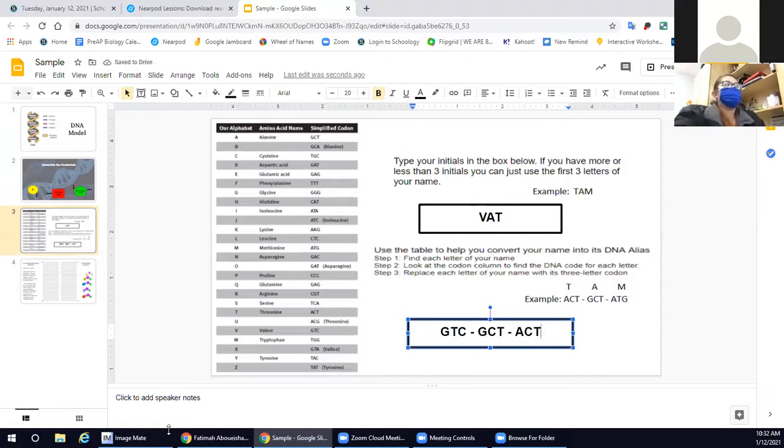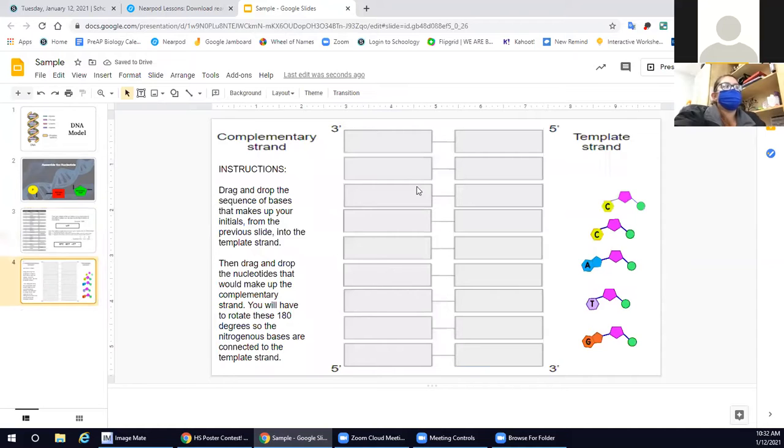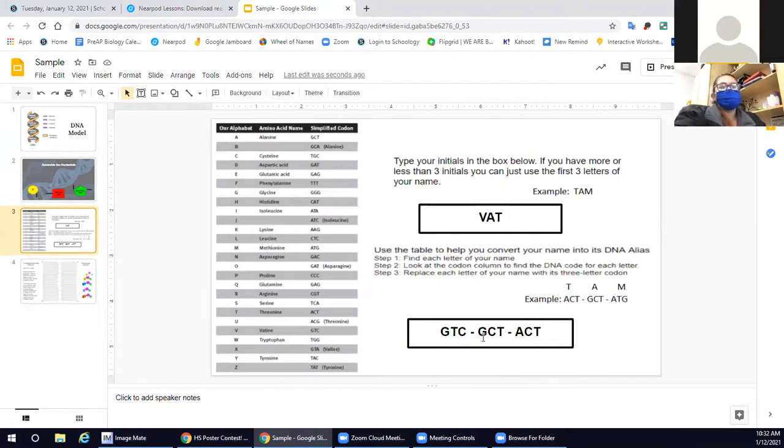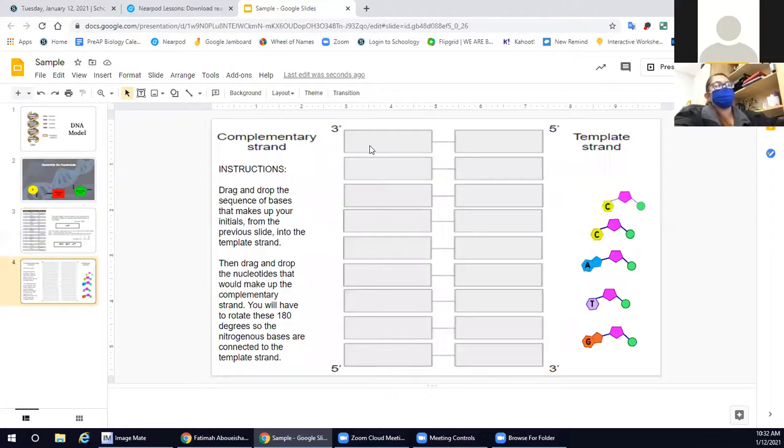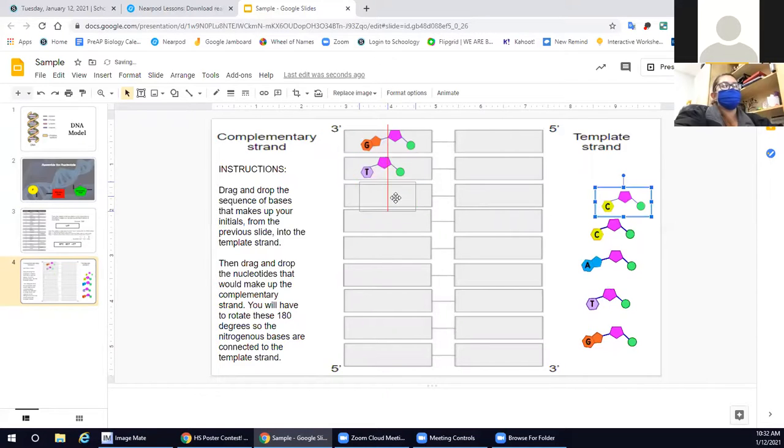So now I'm going to make my DNA strand using my letters. I have GTC. So that's G, T, C. And then I have GCT.